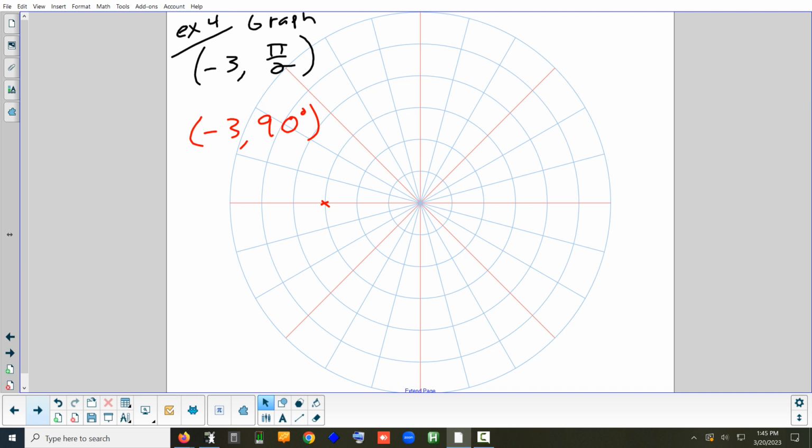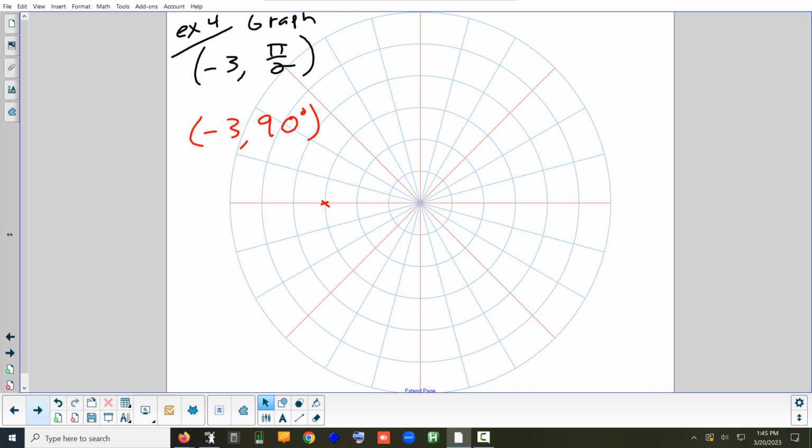And Tyler, how many degrees am I going to rotate from there? 90 degrees. Which way? Clockwise. Well, that's a positive angle. Which way do we rotate if the angle is greater than 0? Counterclockwise or clockwise?